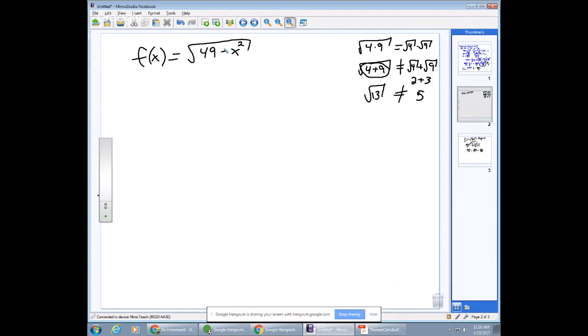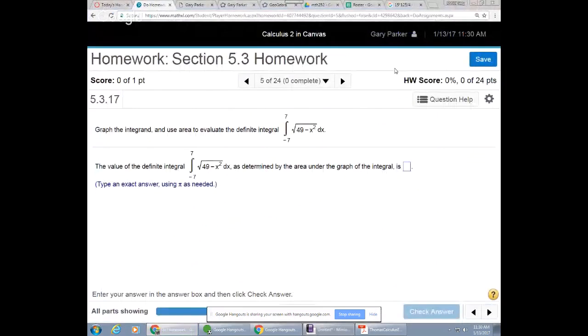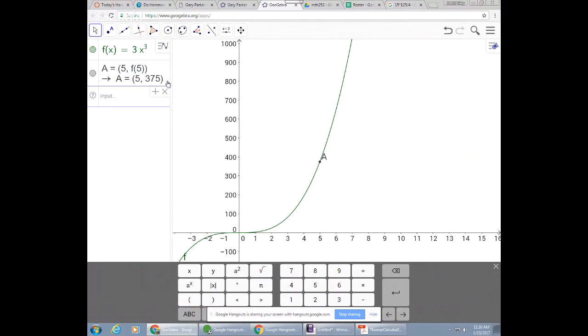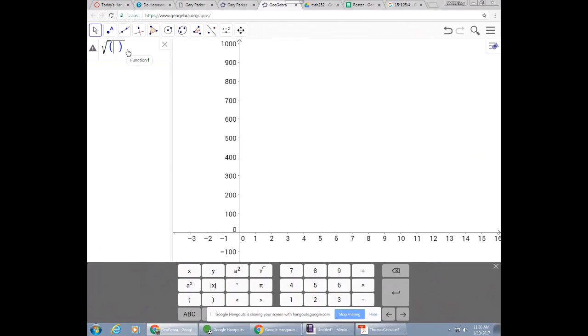My advice on most problems is whip out a graphing utility and take a look at the function there. So I'm going to ask GeoGebra to tell me about that first. All right, and we don't need this or that. We now have the square root of 49 minus x squared, which hopefully will be, oops, I changed my scale.